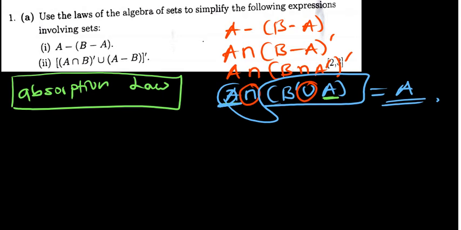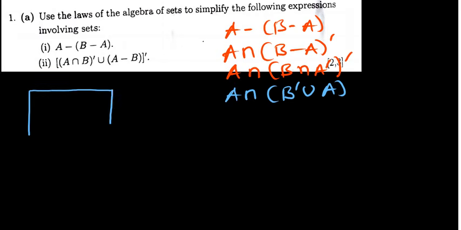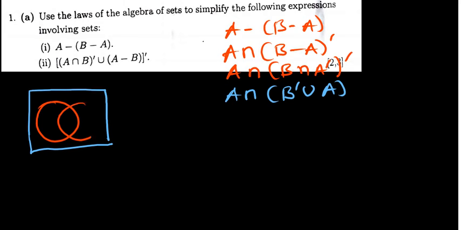If you don't understand this, you can use what we call the Venn diagram. After reaching this point, without using absorption law, this is what you can do. You can have a simple Venn diagram. You need just two sets because you are dealing with A and B. So I'll have A and B, that's my A, that's my B. Assign numbers 1, 2, 3 and 4 outside.